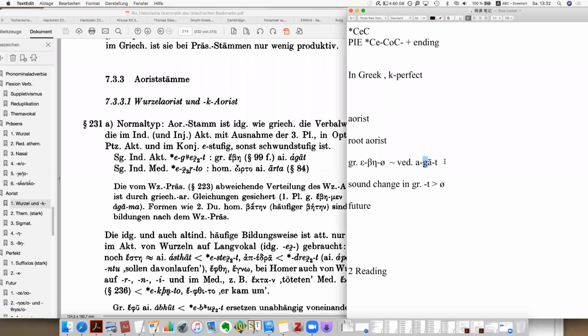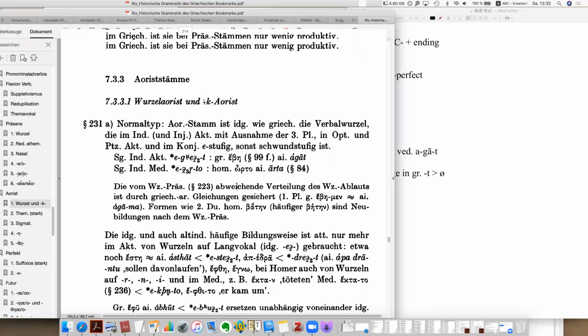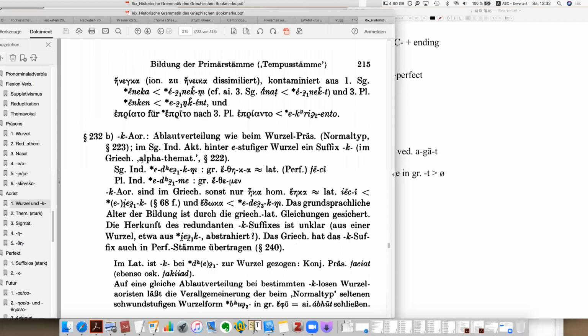And this is so-called root aorist. But together with this root aorist, there's a very interesting k-aorist. Let's check it.